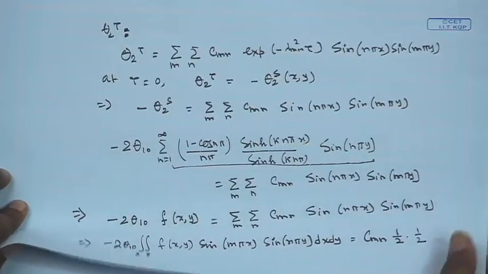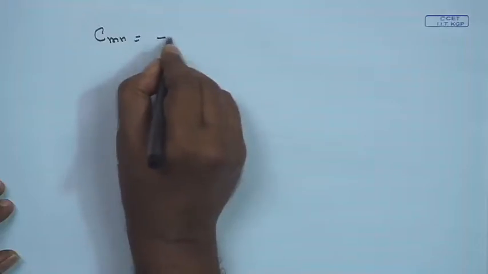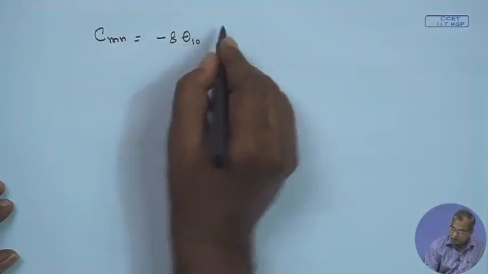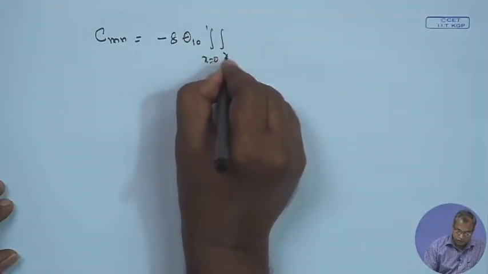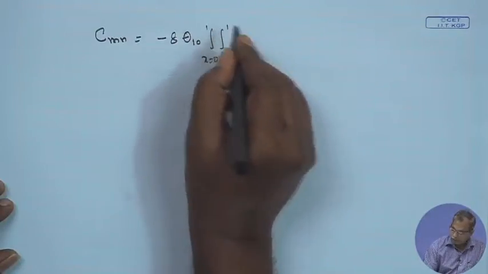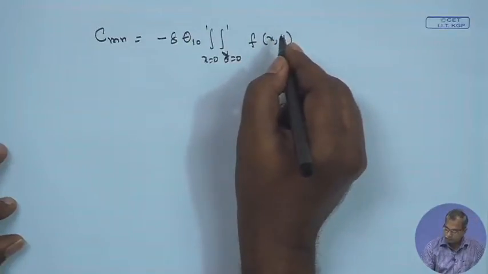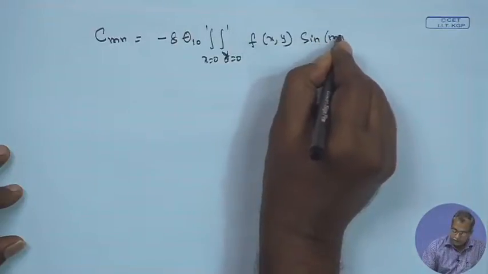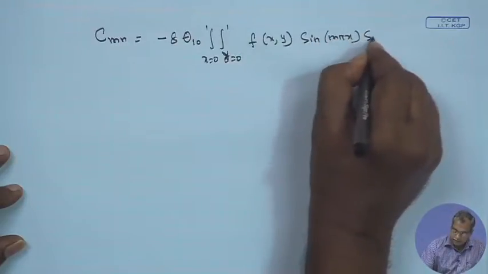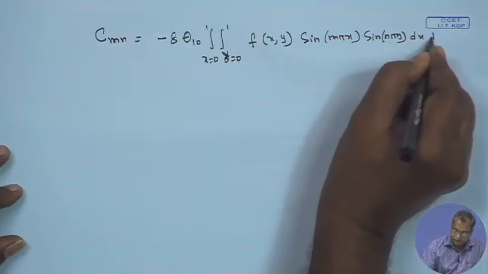If we do that, then we will be getting an expression for C_mn, and C_mn will be minus 8 theta 1 naught, integral x from 0 to 1, integral y from 0 to 1, f of x y sin m pi x sin n pi y dx dy.